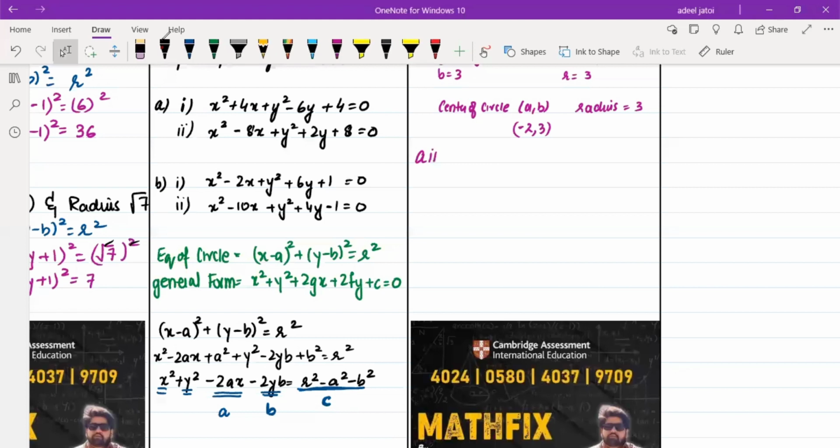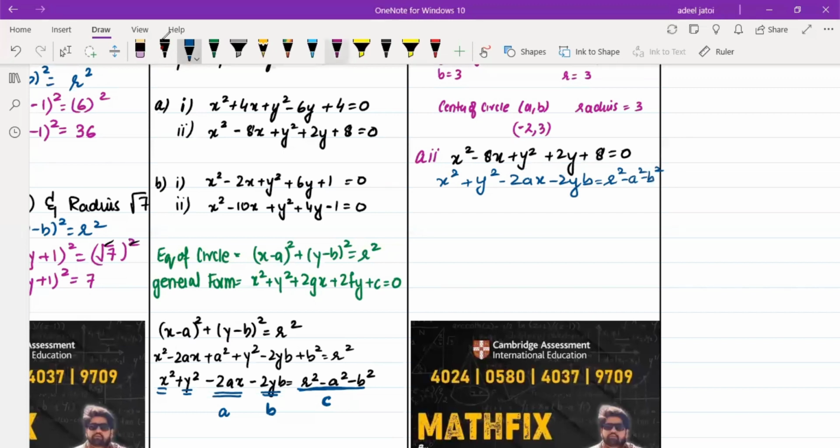So A part 2. The question was very clear that it is x square minus 8x plus y square plus 2y plus 8 is equal to 0. Since we need to find the center and the radius, the generalized form will be x square plus y square minus 2ax minus 2yb is equal to r square minus a square minus b square.